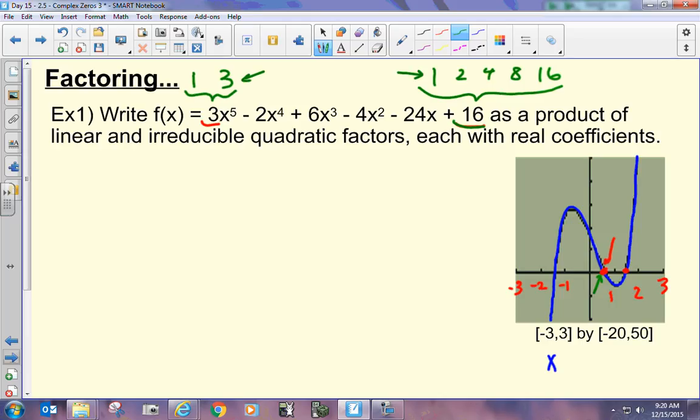So can I create a fraction with any of these numbers in the numerator and any of these numbers in the denominator that might represent this point between 0 and 1? 1/3, 2/3, that's about it, right? So maybe this is 2/3 of that right here that I've circled. Well, that would be in between negative 1 and negative 2. Maybe negative 4/3, which would be negative 1 1/3, right? Only one way to find out for sure.